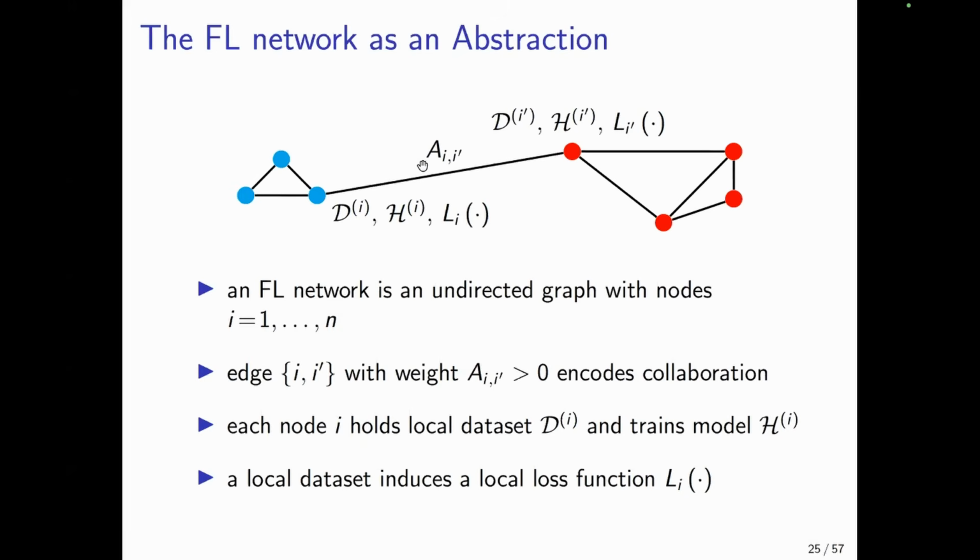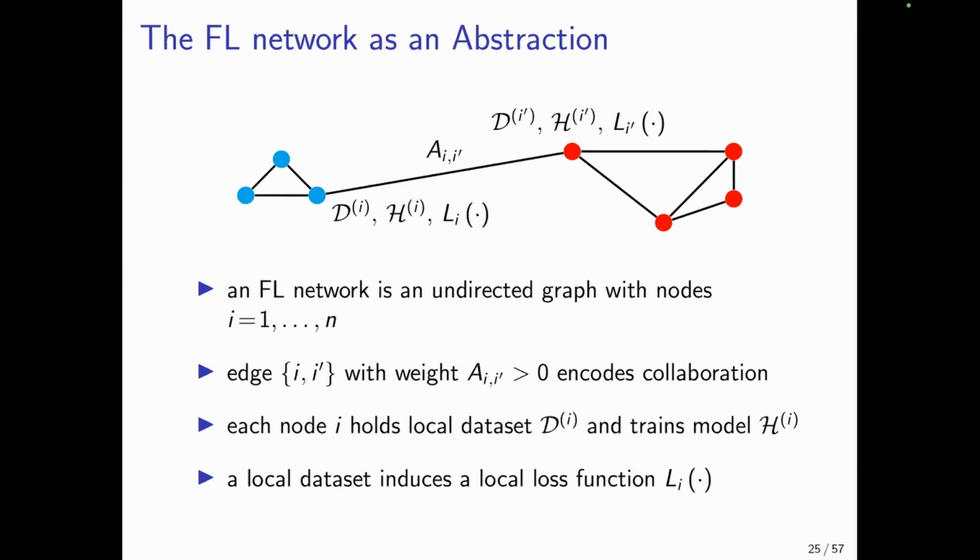If in your federated learning network you have a node where the model is a 100 billion parameter deep neural network, then it might not be a useful mathematical abstraction for a system where this node is actually a small Raspberry Pi computer. So you should take into account the computational abilities of the nodes when you choose these local models. In other words, the local models that you write down in the federated learning network abstraction should reflect the actual models that you train, because I guess you will not train a 100 billion parameter transformer network on a Raspberry Pi.